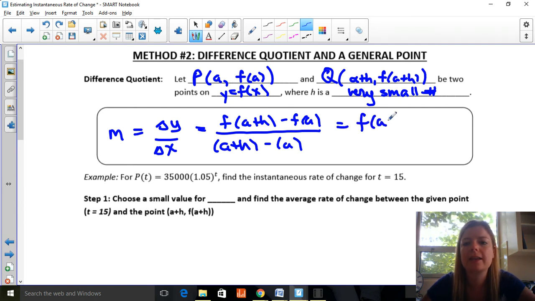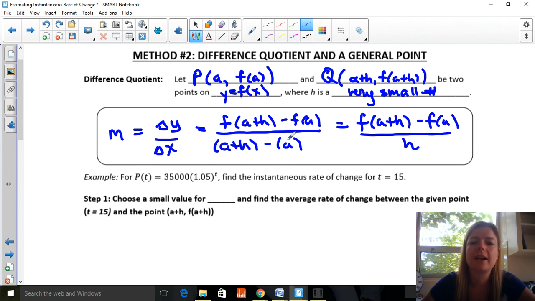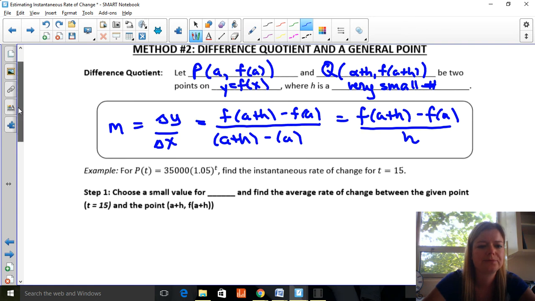The top can still say f at a plus h minus f at a. But then the bottom we can just leave as h, because we have a plus h minus a, so the a's cancel out. a minus a is 0, so you just have an h on the bottom. So now we can use very small values of h in this.